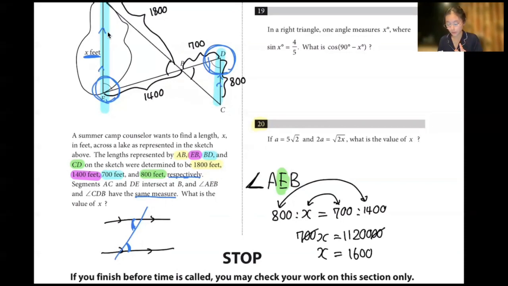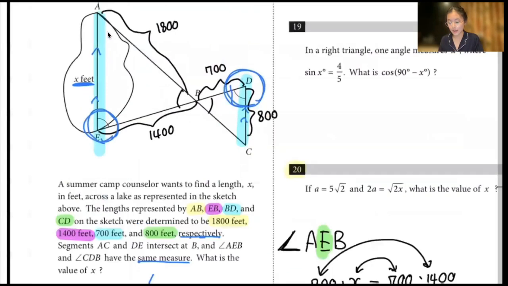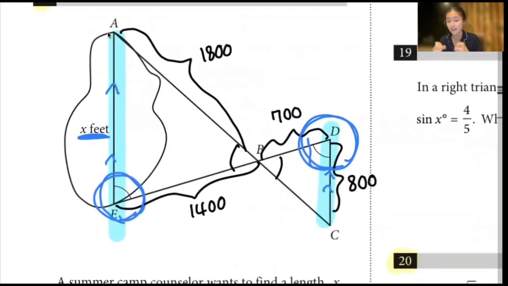We were also given the angles and also the fact that AC and DE intersect at point B. So using those three points, we can conclude that these two triangles on the right-hand side and the left-hand side are similar. They're not the same, they're not congruent, but they're similar. So we can use the triangles' ratios to find the value X.